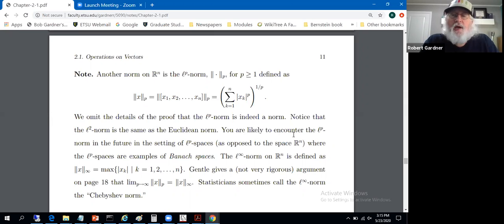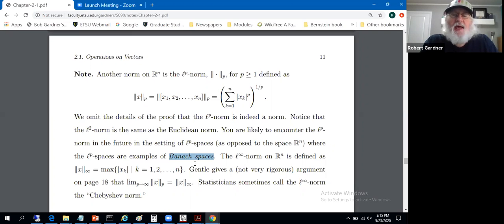You're likely to encounter these LP norms and LP spaces in the future. They are examples of Banach spaces. They're quite interesting if we allow them to be infinite dimensional, which we do. Like I said, infinity, it's got to be the realm of analysis.